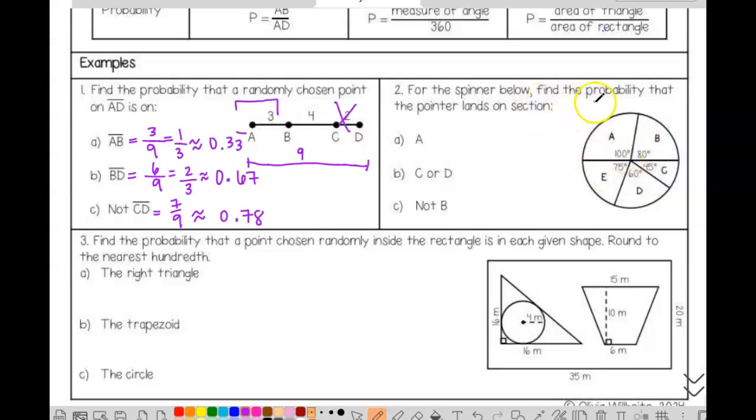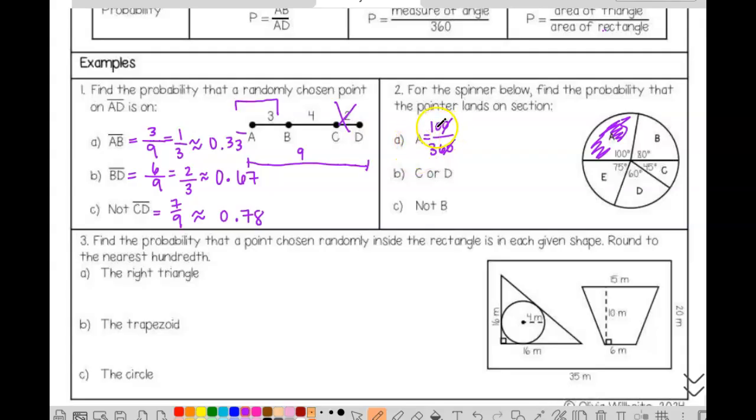For the spinner below, find the probability that the pointer lands on section A. Again, what is the full degree of a circle? 360. But I just want to know the chance of landing here. What degree is that? 100 out of 360. You can cancel the zeros. Why can I not cancel this 0? Yeah, there's a 6, not 0.